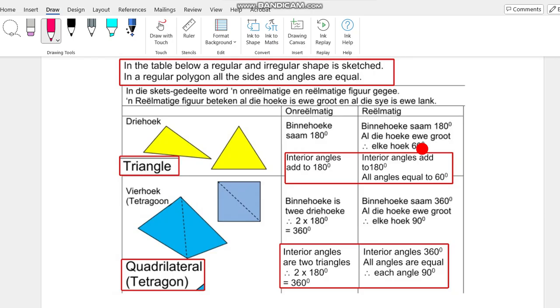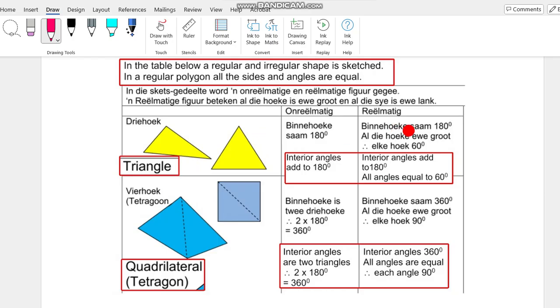So if we look at the irregular, onreëlmatige driehoek, we know it's 180 inside, right? But we can't tell you what the angles are unless they give us a clue to work from, or unless they tell you to actually measure it with your arc.